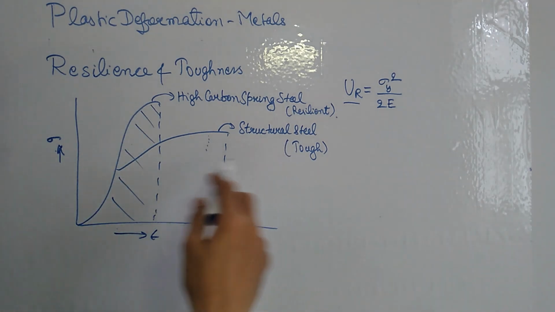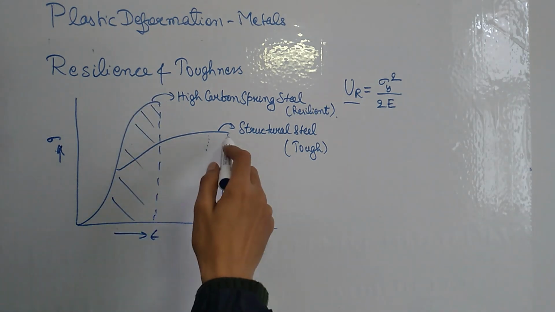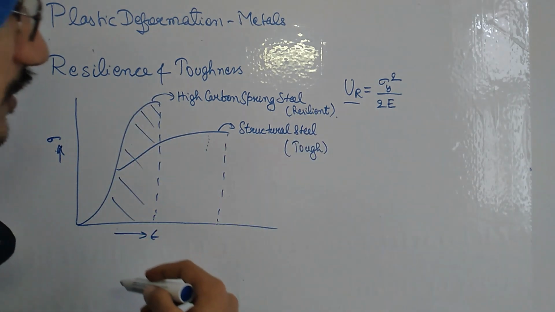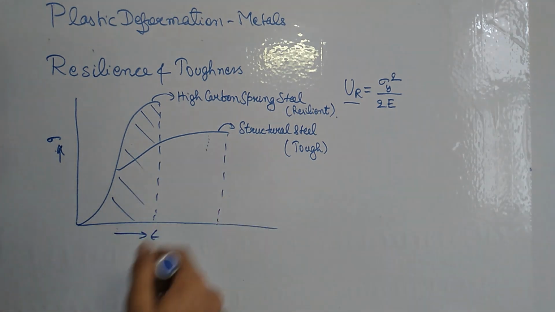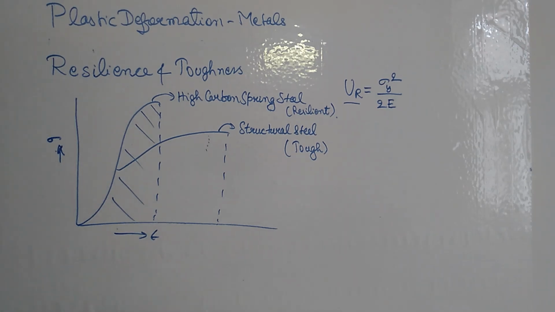Whereas structural steel, which is a tougher material, has a lower elastic yield strength but a higher elastic modulus. In this way the two properties are complementary to each other: the material which has higher resilience will have lower toughness, and the material which has lower resilience will have higher toughness.